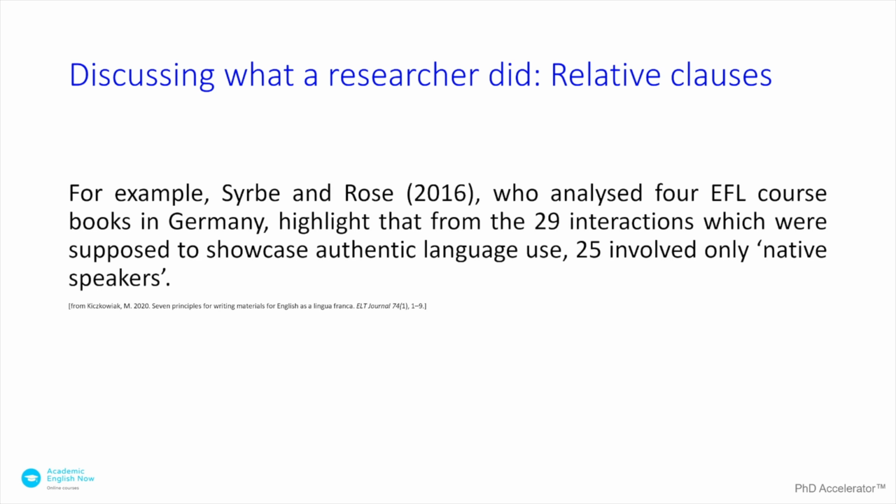So we've got Sirba and Rose, who analyzed four English as a foreign language course books, right? So this is adding some extra information about how the study was conducted, where it was conducted, and this must be, of course, relevant in the context of your argument and the pyramid apex.